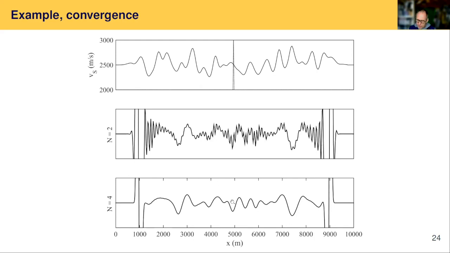And then you would assume you have found the right answer. That's a convergence test that's very frequently done. And if you want to be on the safe side with a complicated simulation, that's what you should do. That's expensive, but if you want to be sure you've modeled things correctly, that's what you have to do.